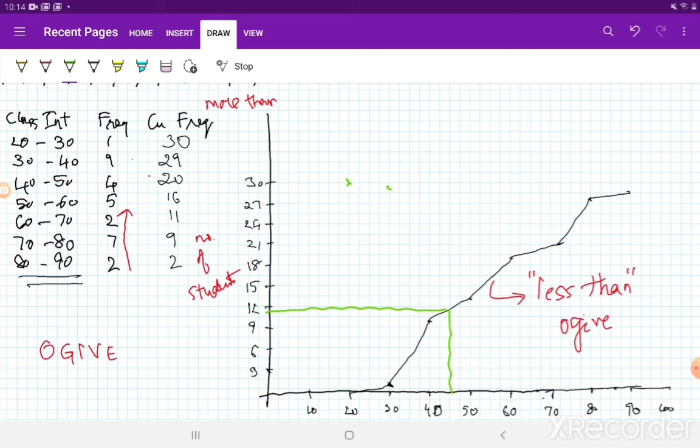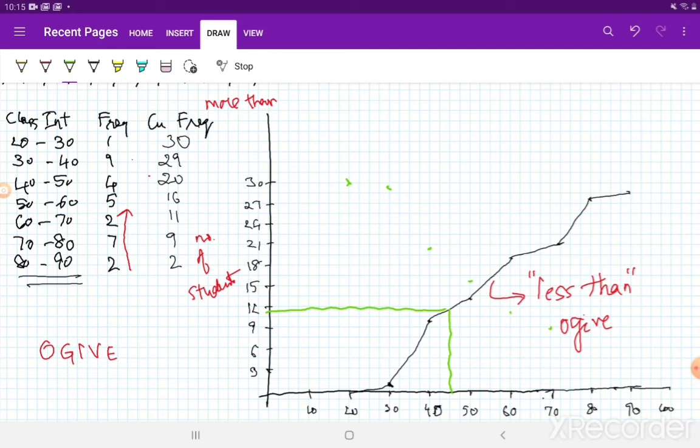So somewhere here, a little less than 21. More than $50 is 16 people. More than $60 is 11 people. So that will be somewhere here. More than $70, only 9 people.